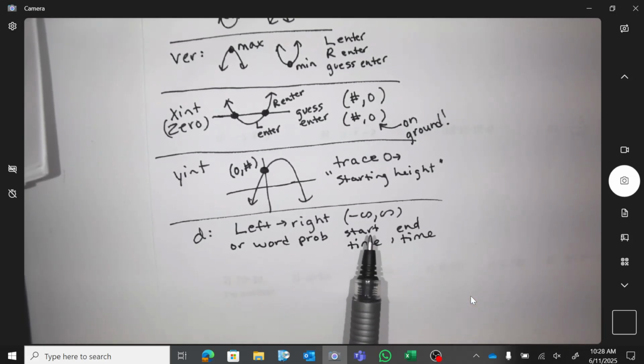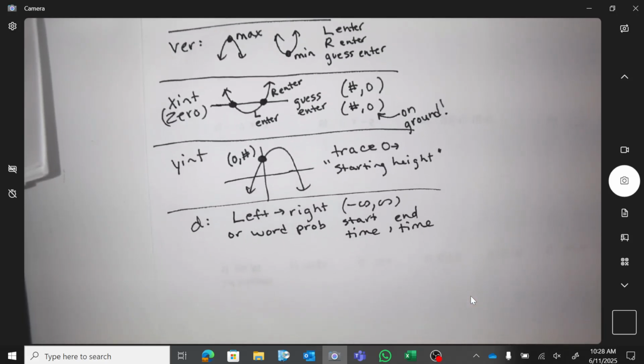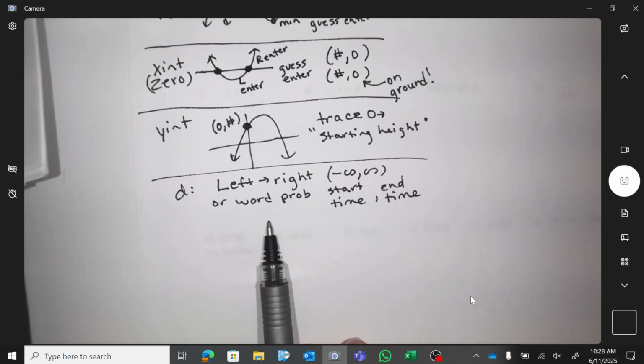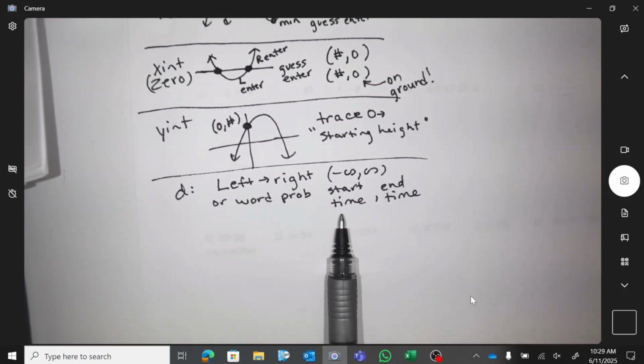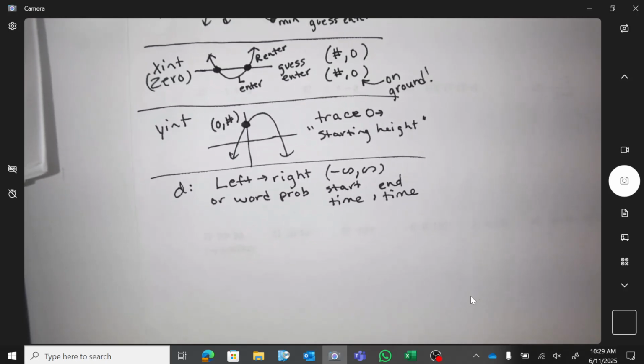Domain is left to right, negative infinity to positive infinity, or if we're going to talk about a word problem, remember we don't take the whole parabola. We only take where we start at the time and end at the time, or something like that.